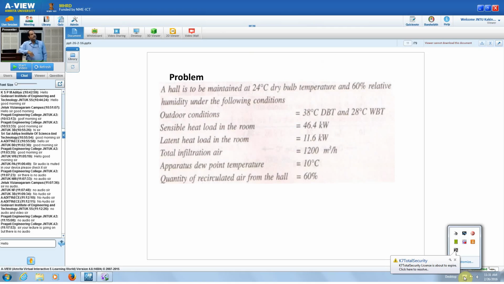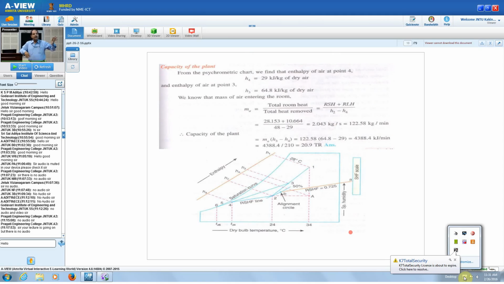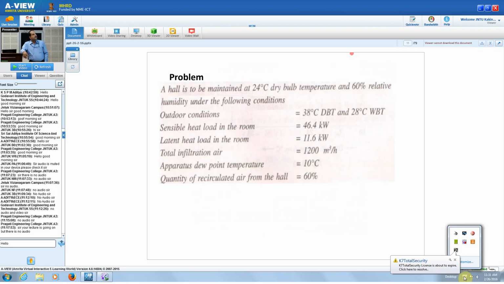So that way, you can draw the psychrometric chart, and then you can calculate all the remaining points. Then one more problem. The hall is to be maintained at 24 degrees centigrade dry bulb temperature and 60% relative humidity under the following conditions. The outdoor conditions are 30 degrees dry bulb temperature and 28 degrees wet bulb temperature.